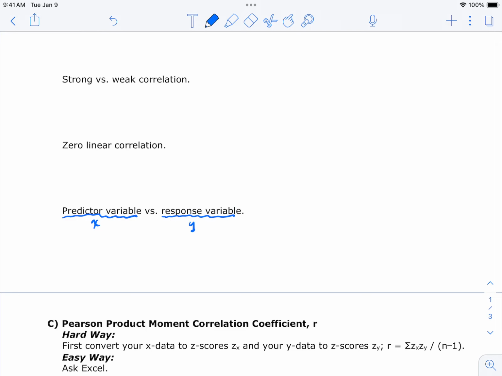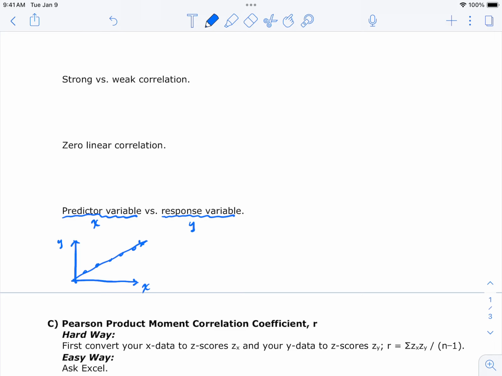So let me maybe draw something like this. You have your x-axis here, your y-axis here, and you have a bunch of data points, and let's say they just happen to line up beautifully like that.